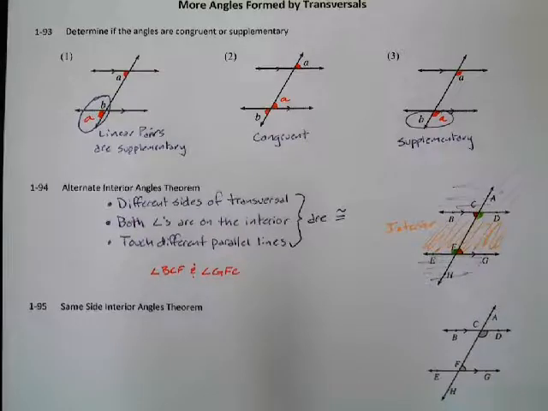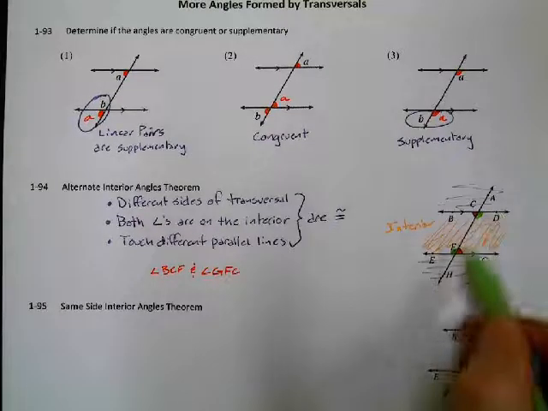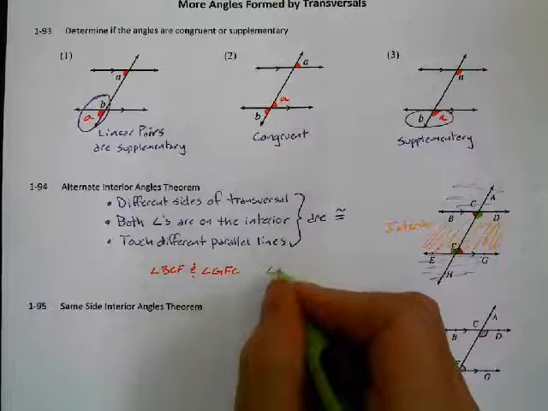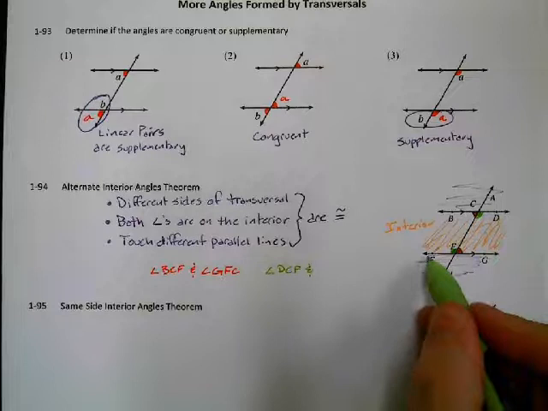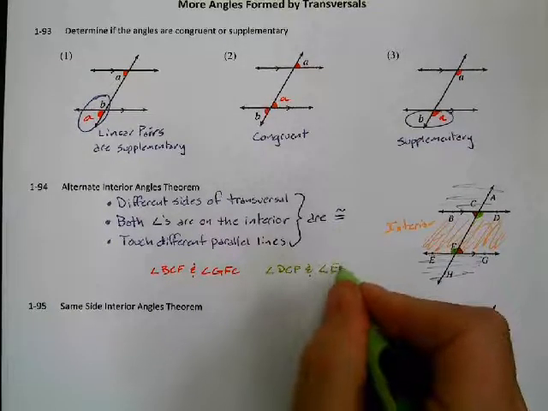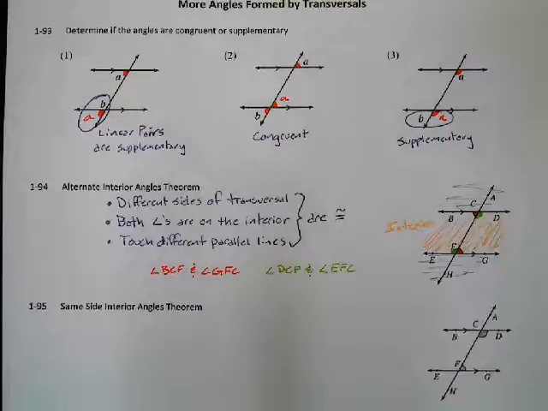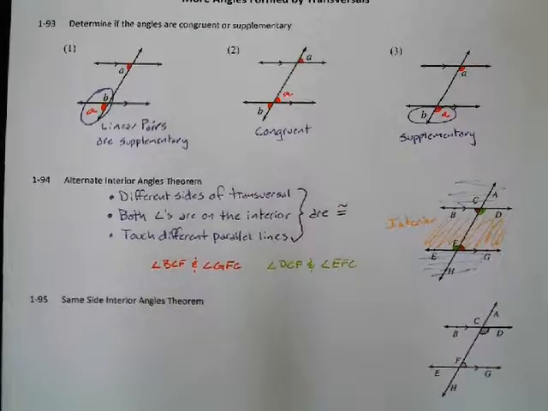So that would be angle DCF and this angle down here, we'll call EFC. Alternate interior angles are always going to be congruent, kind of like corresponding angles are congruent.